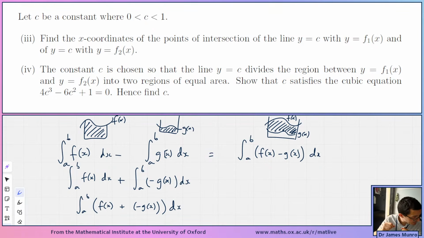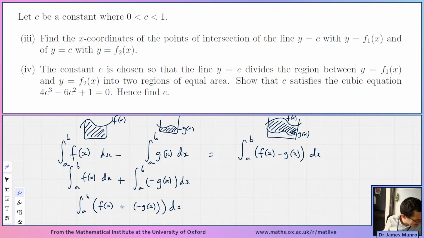But because in a previous part we've already calculated the total area, it's 1/6, so I might just calculate one of them and set it equal to 1/12, because I know that if they're equal, they're each half of the thing I've already calculated. I think I'd prefer to do that, because two horrible expressions that are hard work, I don't really want to work them out. One expression equal to just 1/12, yes please, that sounds nicer as an equation. Good, okay. Hence find c, should we talk about that at the end?